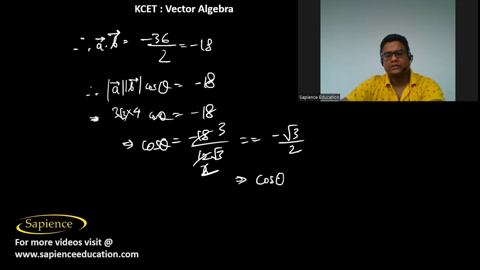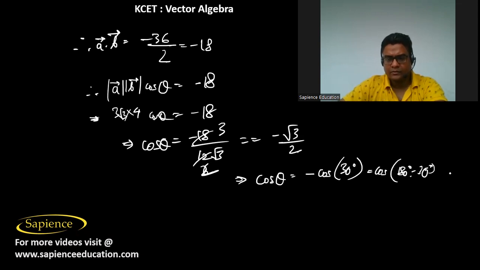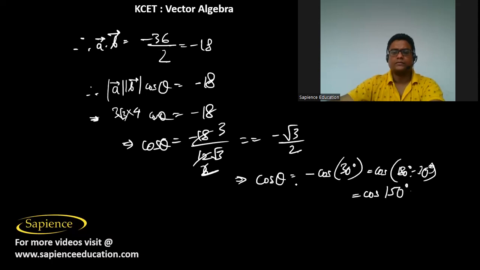Therefore cos theta I can write as equal to minus cos 30 degrees, which is also the same as cos of 180 minus 30. So therefore it will be cos 150.